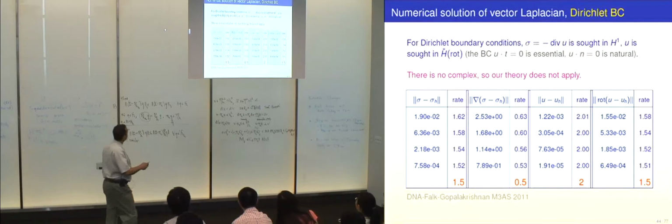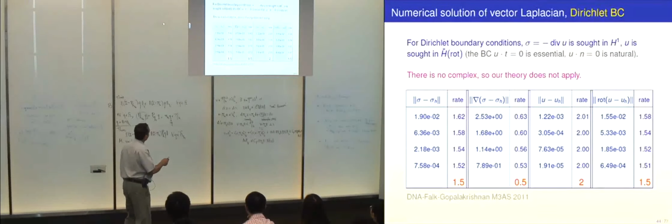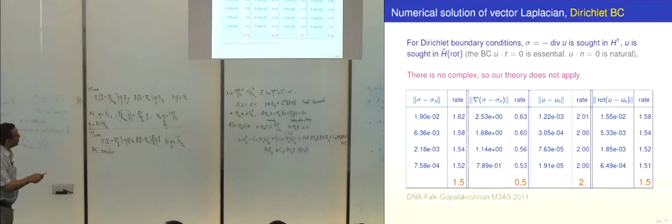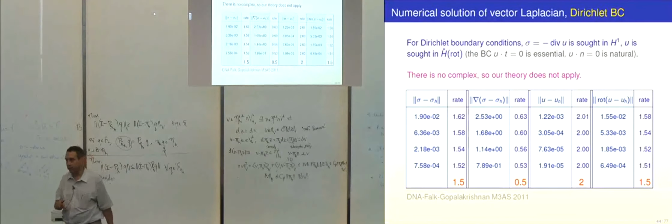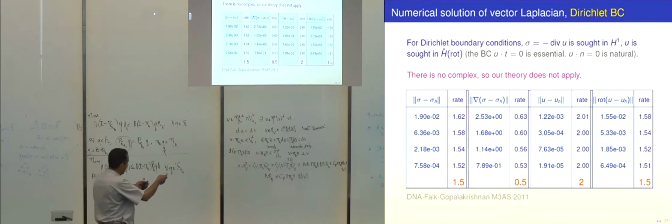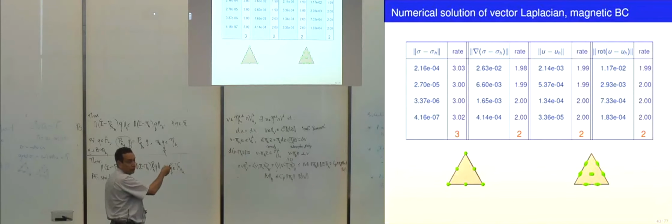It's not a non-convergent method. But if you do this, instead of getting order h cubed here, the computations are showing you're getting order h to the 1.5. And in the gradient of sigma in H1, you're only getting order h to the 1/2 instead of h to the 2. So it's a much worse situation. You're having an error of 0.8 as compared with, in the previous problem, 4 times 10 to the minus 4th.